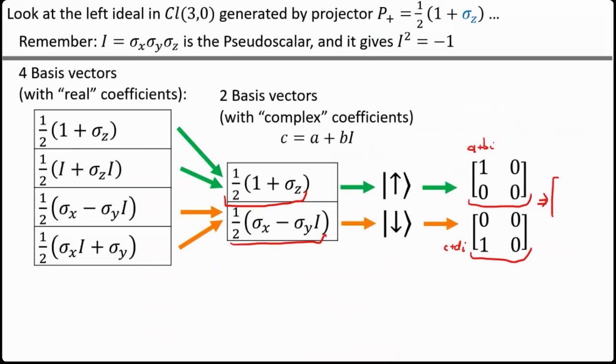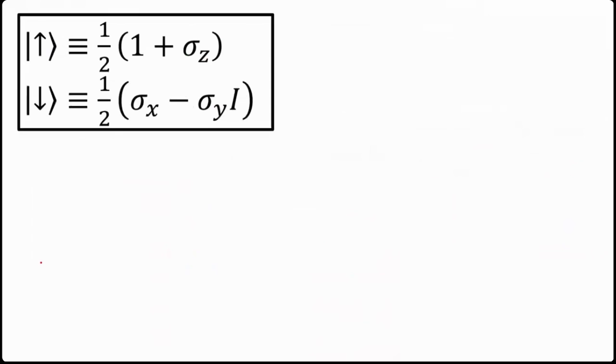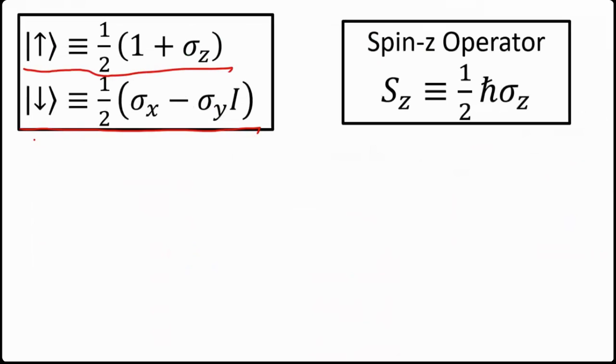So in total, they give us almost like a column spinor, a 2x1 column. That's sort of what a column spinor is. So I'm saying that these members of the ideals are spinors, up and down spin states.